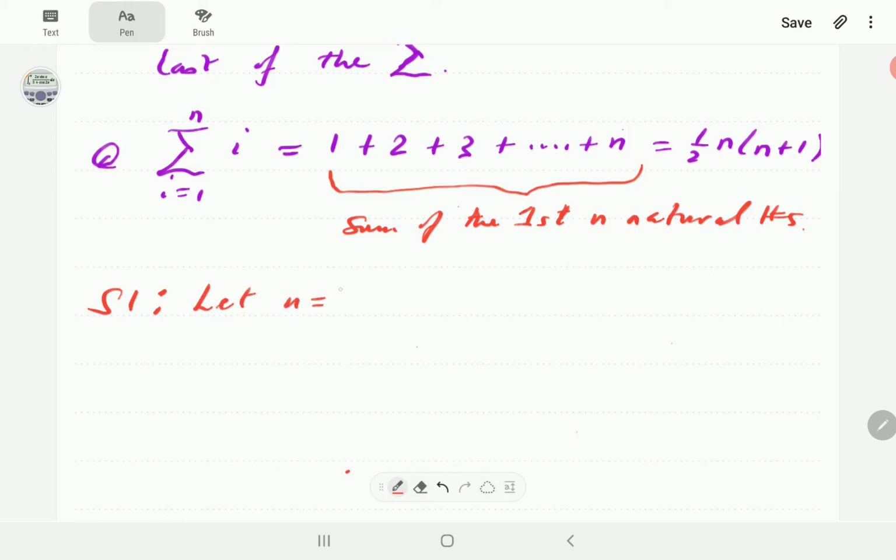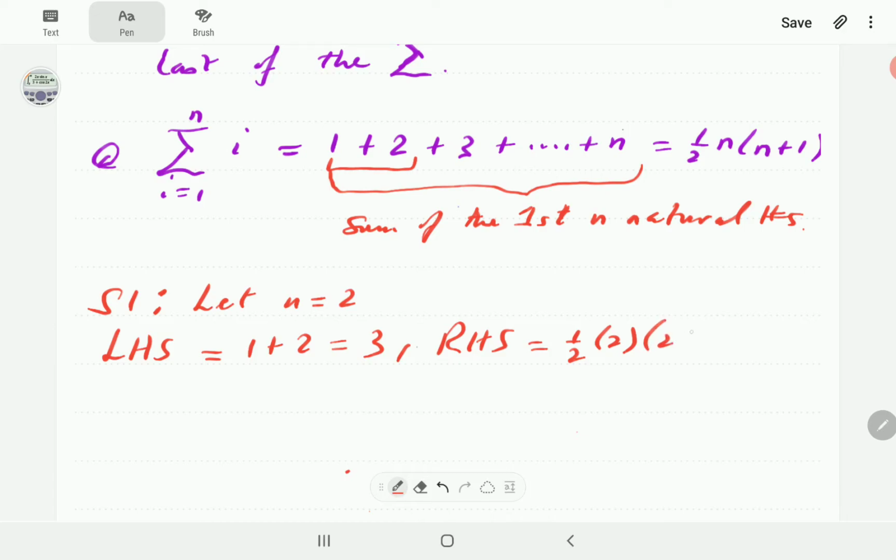Let's take n equals 2. Notice in this case that n is always going to be the number of terms on the left hand side. So when n equals 2, on the left hand side we're just going to have the first 2 terms. So 1 plus 2, this is equal to 3. Then on the right hand side we're just going to plug in n equals 2.